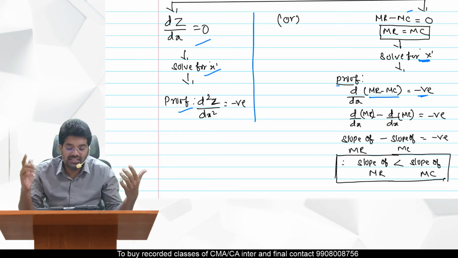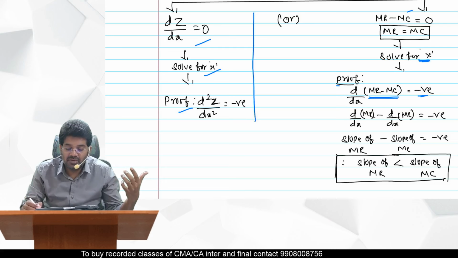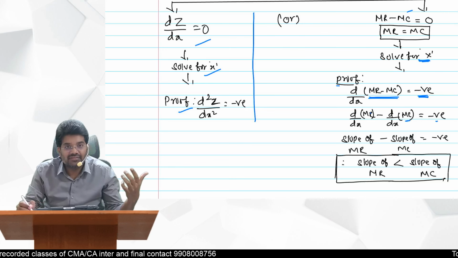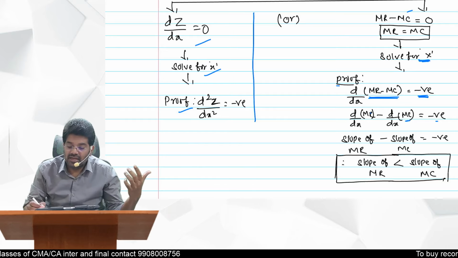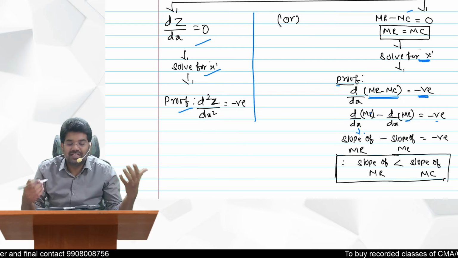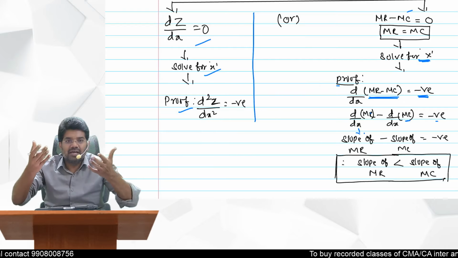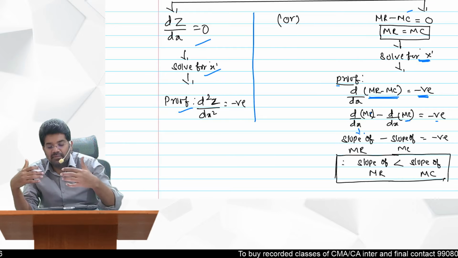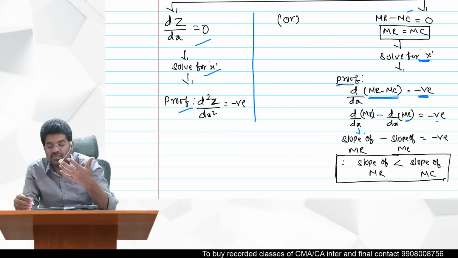So d by dx of MR minus d by dx of MC must be negative. Now d by dx of MR is called the slope of MR, that is the change in marginal revenue with respect to x, and d by dx of MC is called the slope of MC.